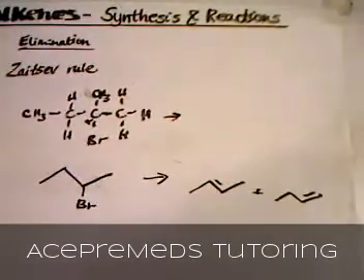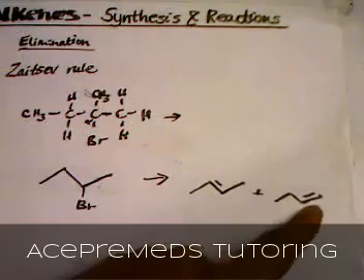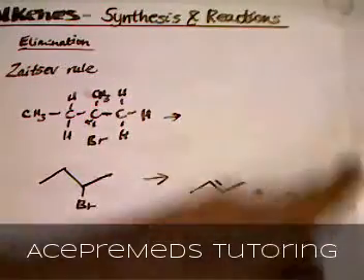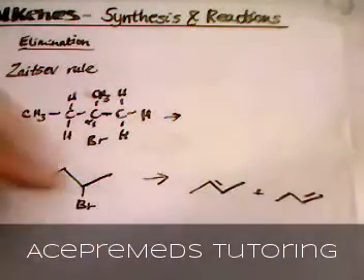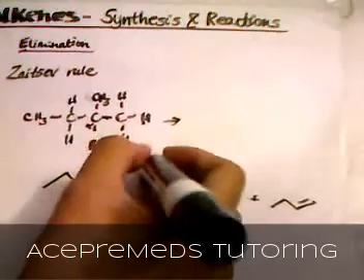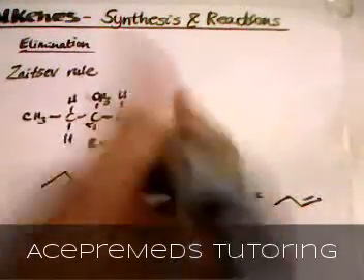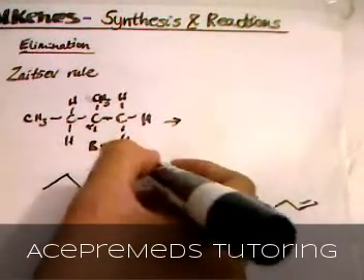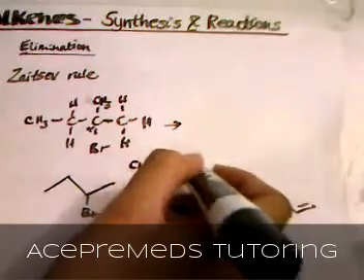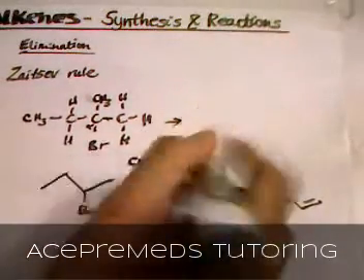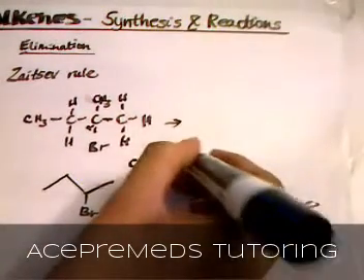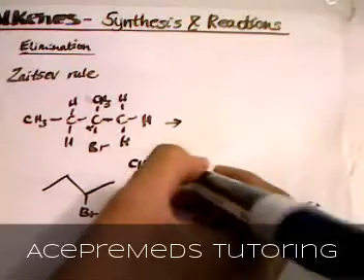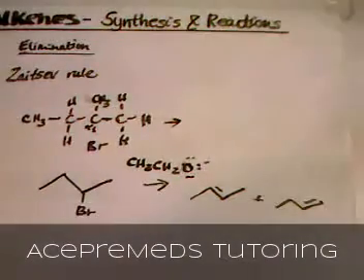But when you're doing a synthesis question and you come across an alkene that you want to make, the use of a bulky base matters. If we normally choose, let's say, CH3CH2OH, that's just CH3CH2O minus, ethoxide.